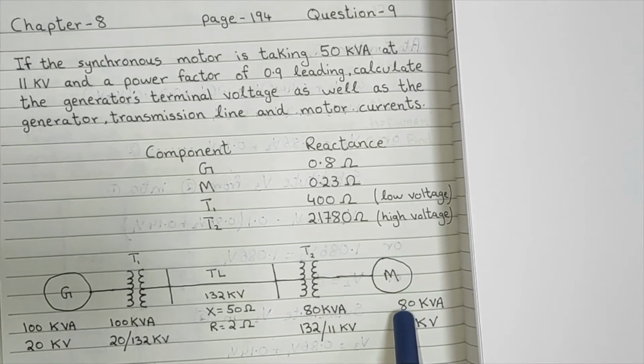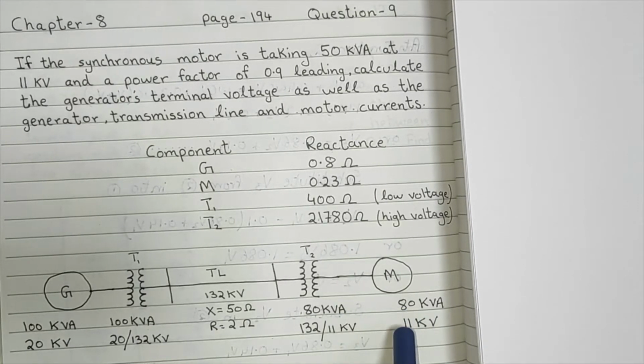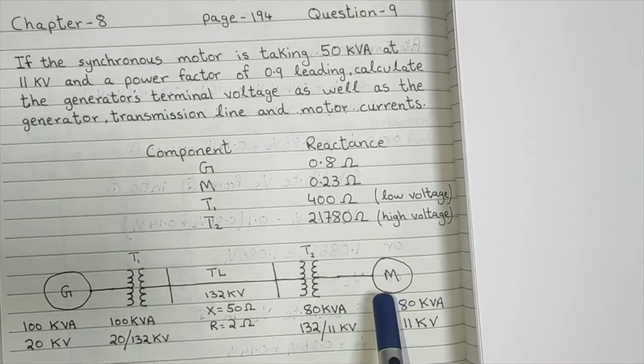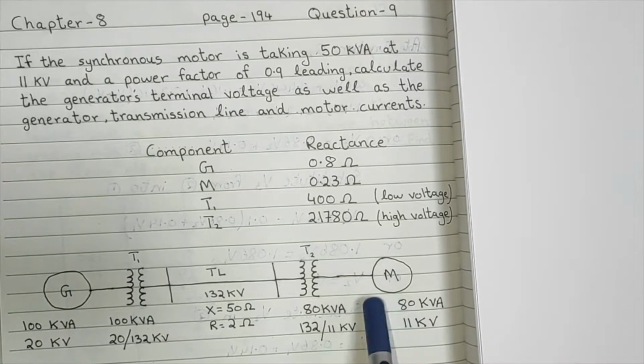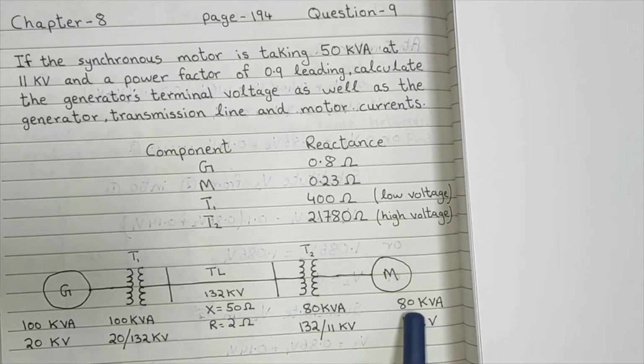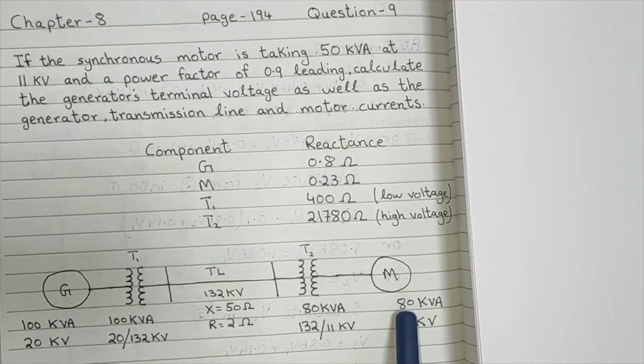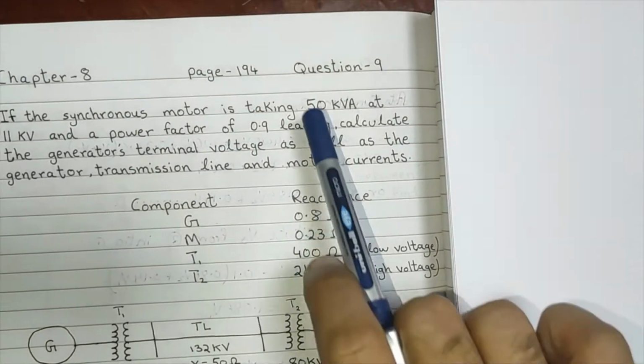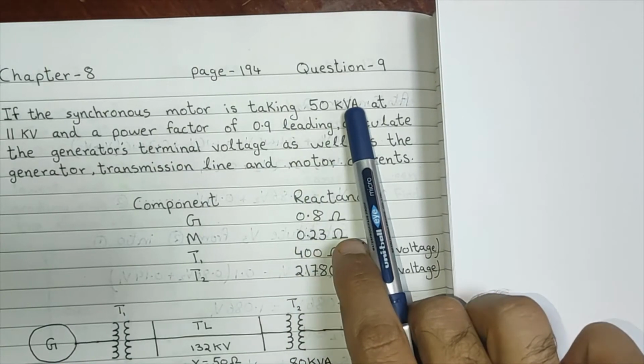It's not always necessary that the question asks you to solve at the rated values. Rated means the power with which the motor has been designed. It is 80 kVA, but the question says that it is taking 50 kVA.